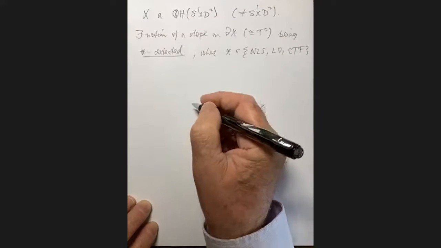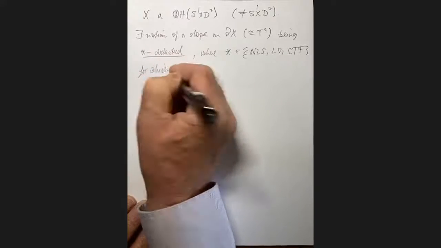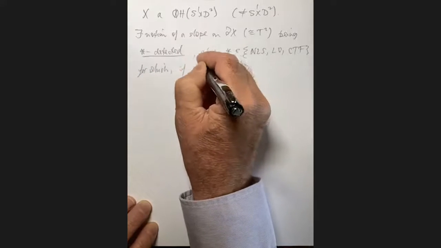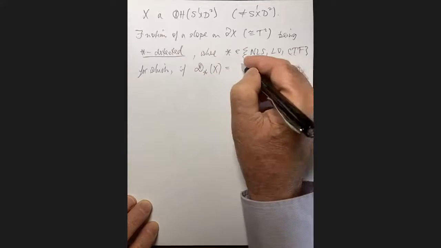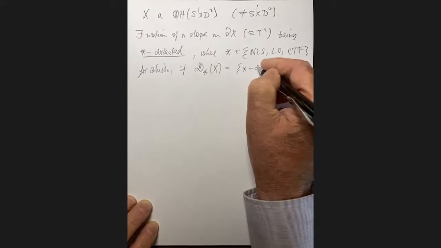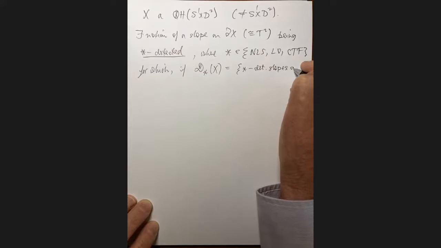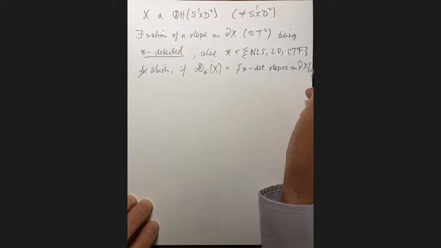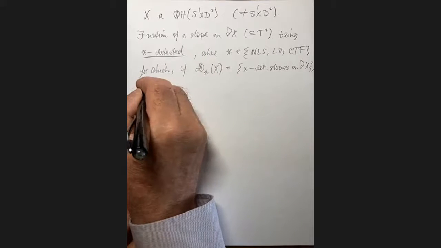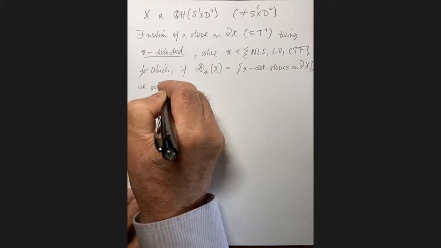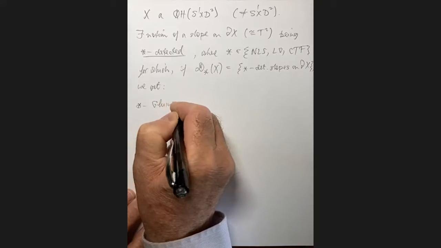There's a notion for which, if we denote by D star X the set of star detected slopes on the boundary, we get a gluing theorem. This is the star gluing theorem.